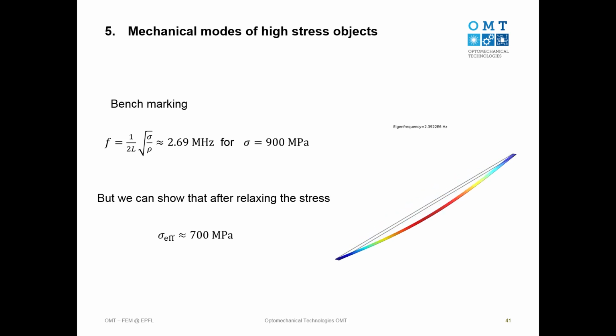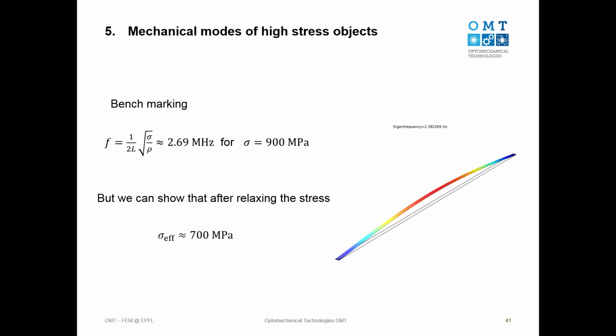So something is up. This is a huge difference. Previously you saw that 1% error is okay, but it is not 1% error. So why is that? If you try to fit that, you would show that the value you need to put to get this number, the effective stress, is 700 megapascal.